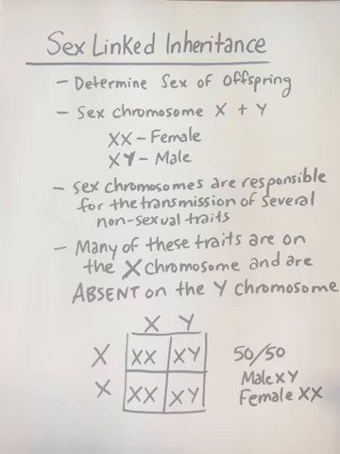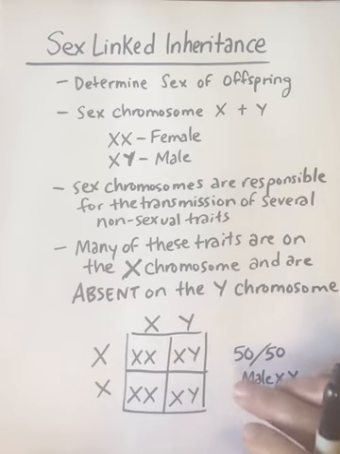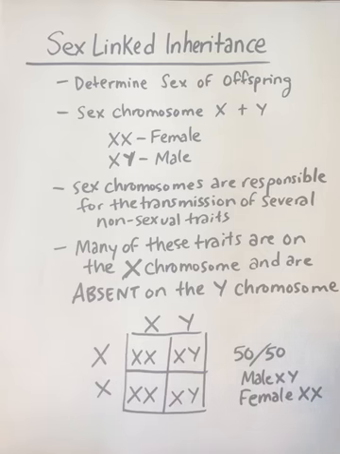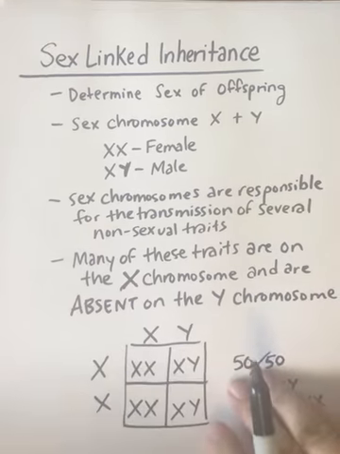Now, when we talk about traits on the X chromosome, a lot of times if you have these traits, you carry a recessive allele on the X chromosome. So when we talk about sex-linked inheritance, a lot of diseases or genetic disorders come from the sex-linked recessive trait. This would be color blindness.